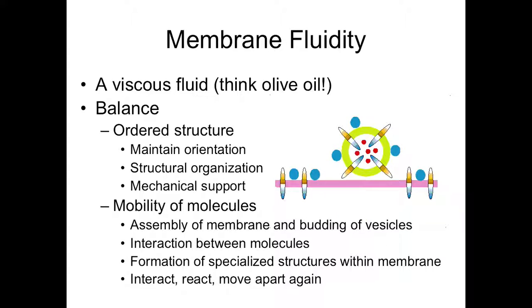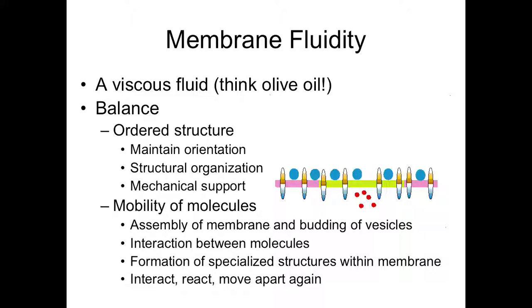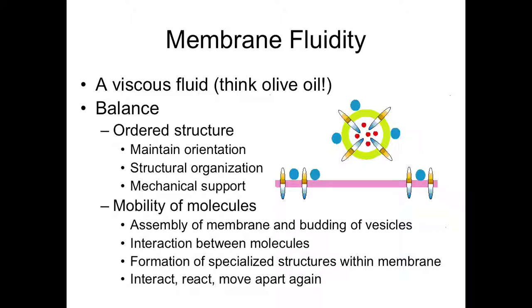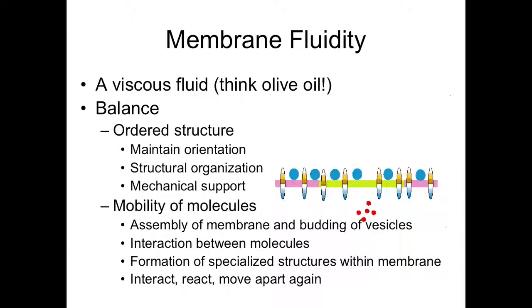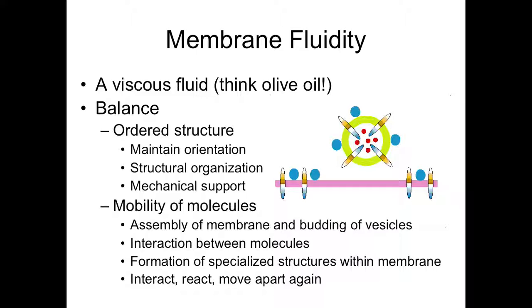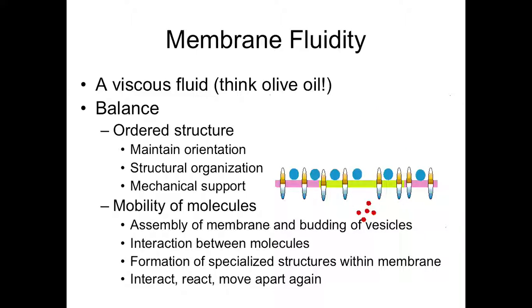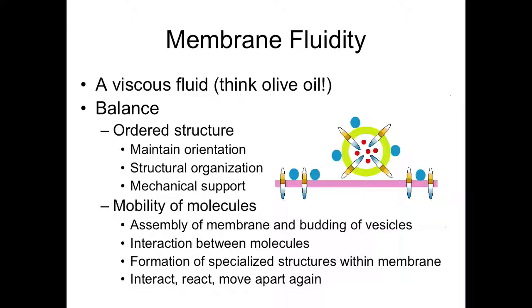And it needs to be able to maintain some kind of ordered structure for the organization of the proteins as well as for mechanical support. But it also needs to allow molecules to move freely through the membrane.